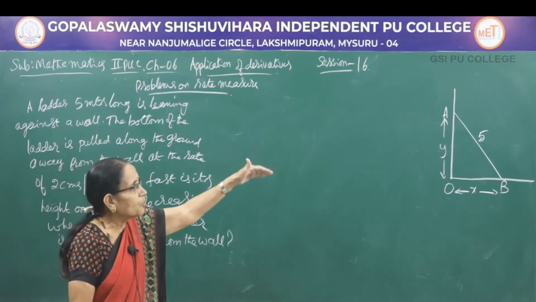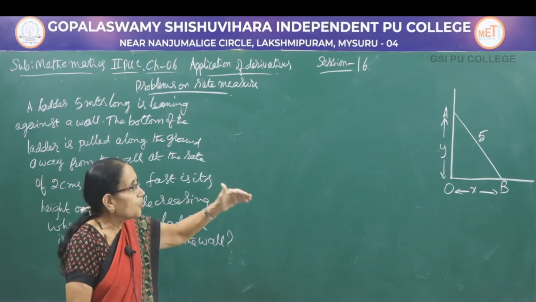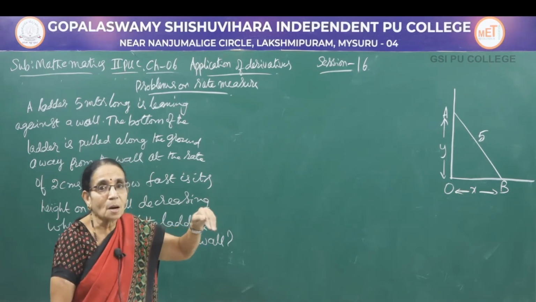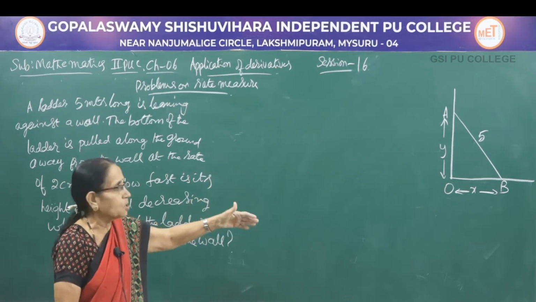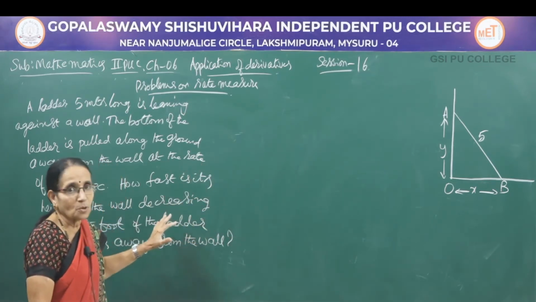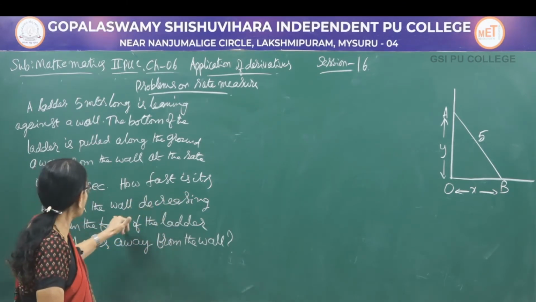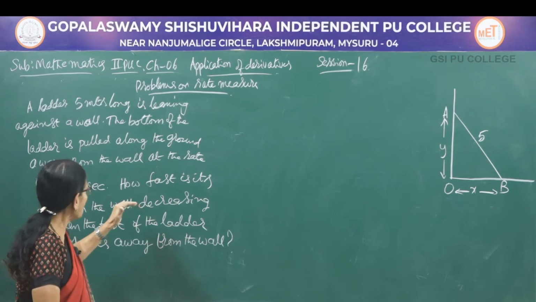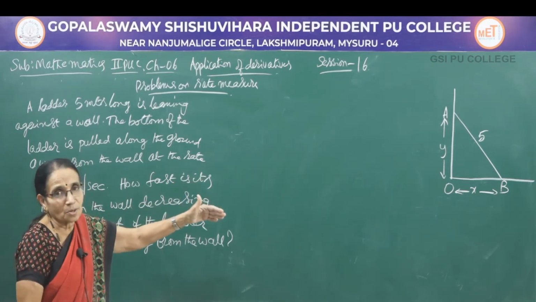Now, how fast is its height on the wall decreasing? In other words, how fast is y decreasing? Or the problem can also be asked as, how fast is the upper end coming down? That is the correct way of writing it actually, but in whatever way it is specified in your textbook, I am taking it as it is. How fast is the height on the wall decreasing? That is, OA is decreasing.